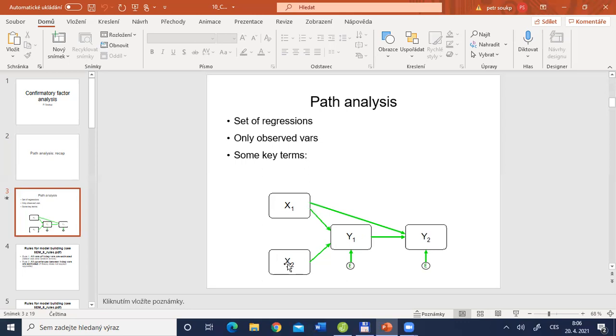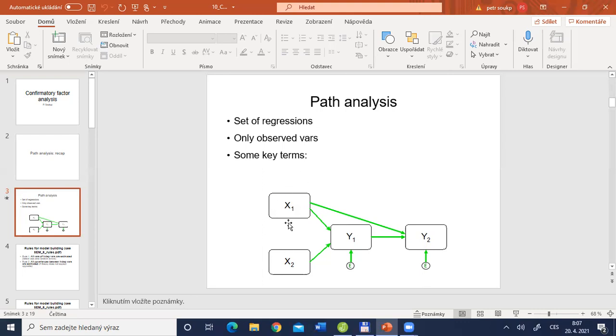And I would also like to remind you that the previous terminology using expressions such as independent and dependent variable is changing here. So instead of independent, we are using the term exogenous.